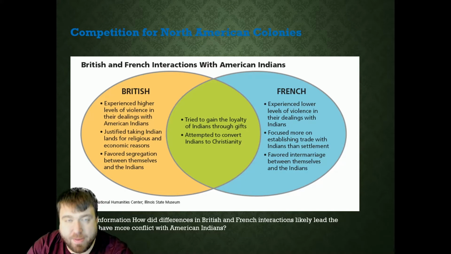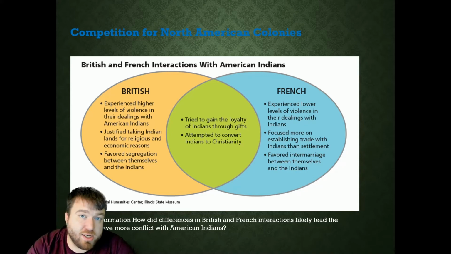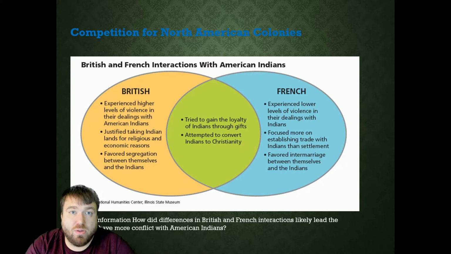If you think back to what we talked about, what each side used their territory in the Americas for, the French mostly used their territory for trapping, hunting, trading. The French really didn't have a lot of big cities and towns that they established, whereas the British came here to establish towns, cities, forts, that sort of thing.